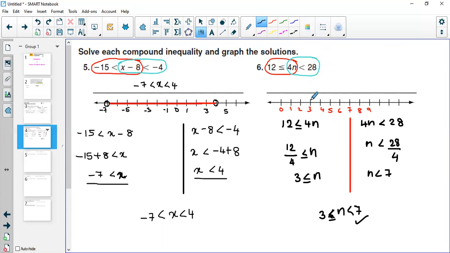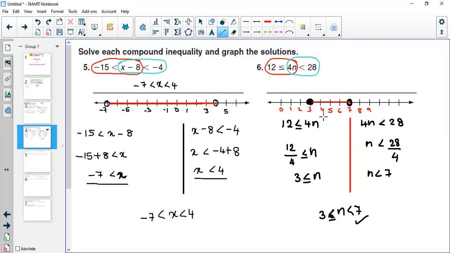The first one is going to be on 3. Am I going to shade it? Yes, I'm going to shade it because it says lesser or equal. The other one is going to be on 7, so I draw a circle on 7. Am I going to shade it? Definitely not, because it only says lesser. All that's remaining is to join both the circles.